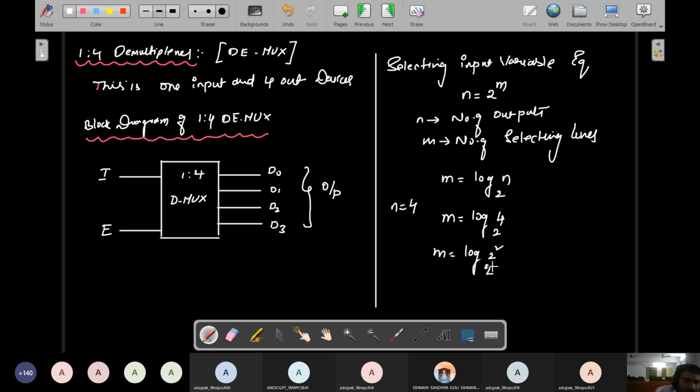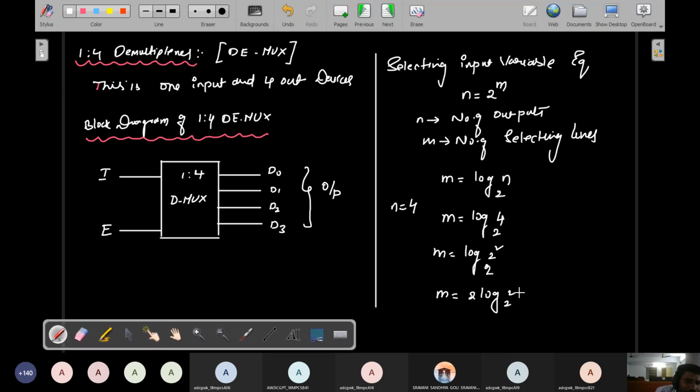Right now n is equal to 4, because we consider 4 outputs. So m is equal to log 4 with base 2. 4 can be written as 2 squared, so m is equal to 2 times log 2 with base 2. Log 2 with base 2 is 1, so m is equal to 2 into 1, which is 2.